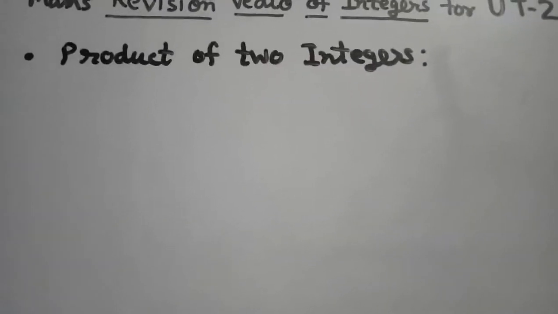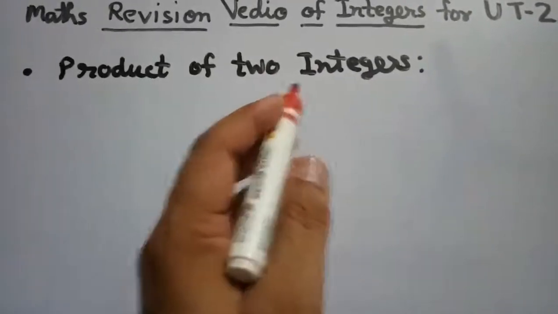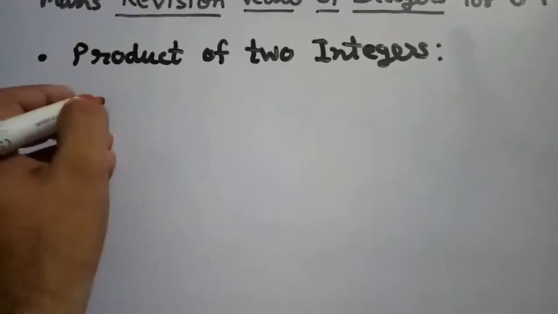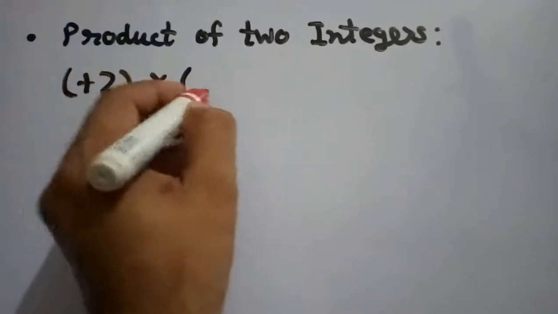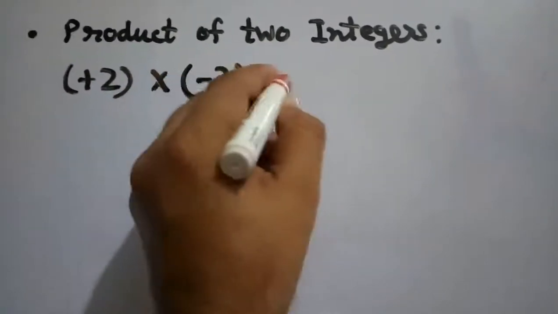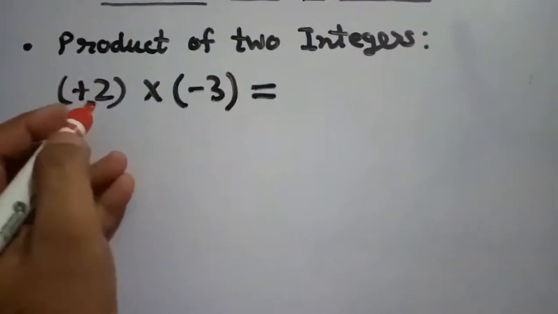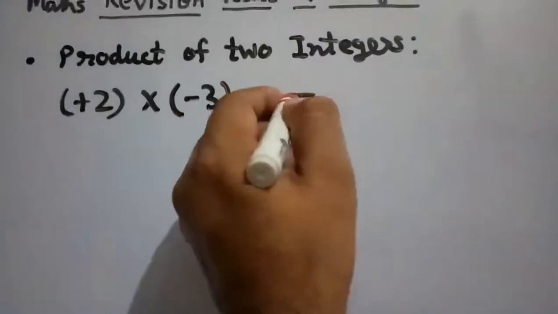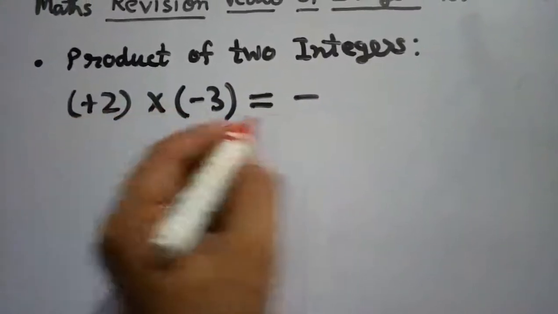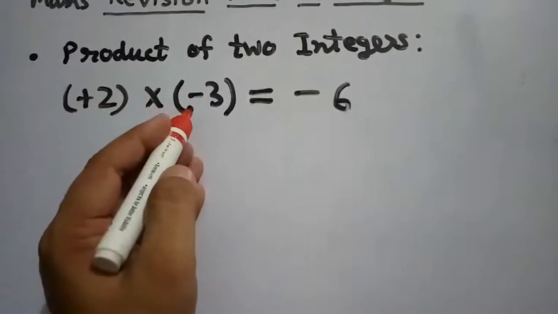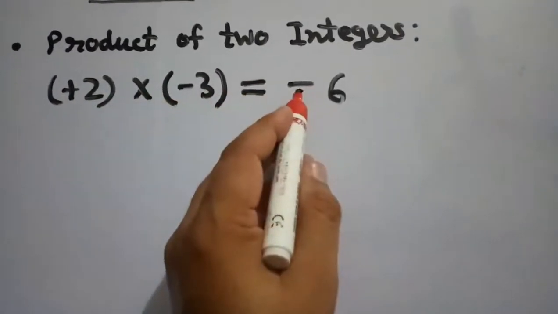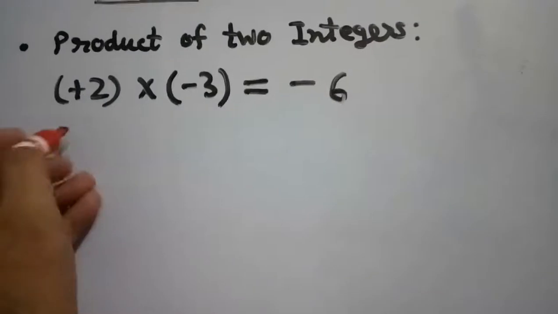Now students, the next rule is the product of two or more integers. If we multiply one positive and one negative integer, first check the signs, plus and minus gives minus, and the product of the numbers 3 and 2 is 6. Look here, when opposite signs are seen in a product, we put a negative sign.